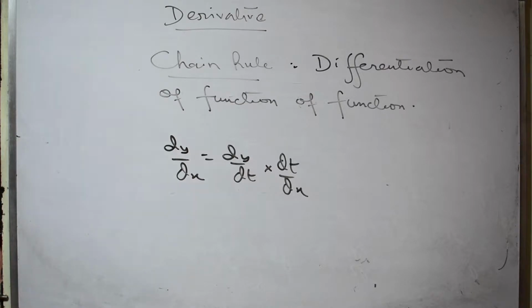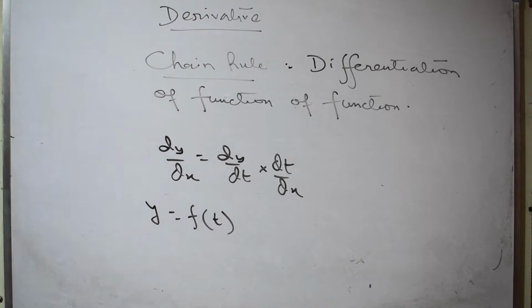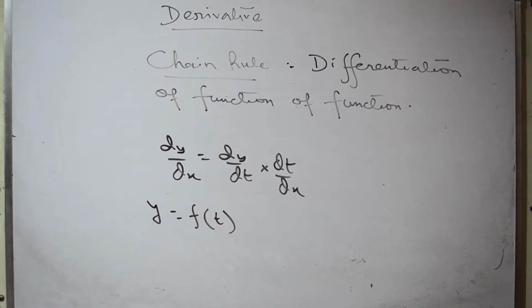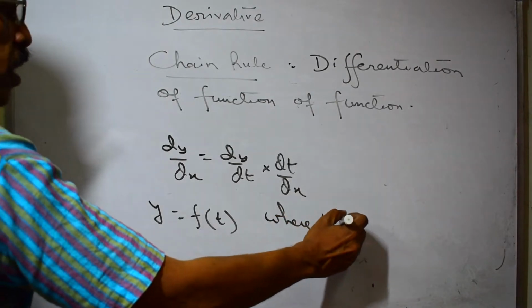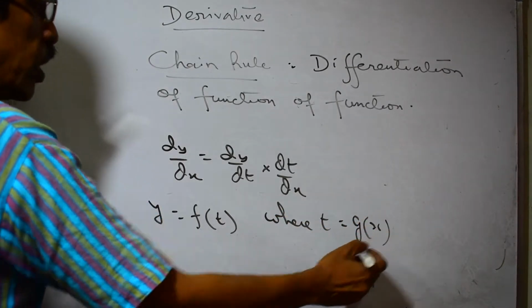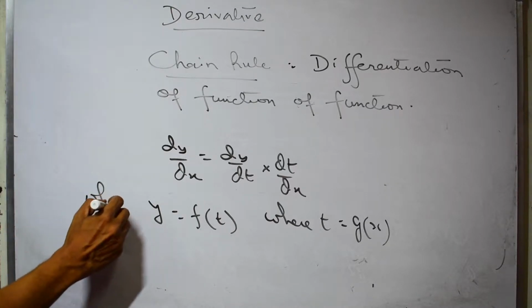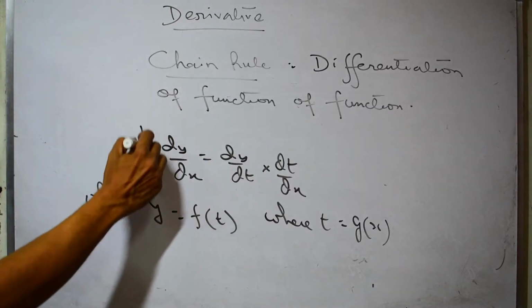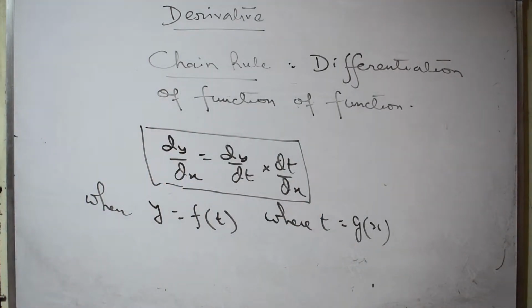When y is a function of a variable t, and here t is a function of x. What are we observing? We'll apply this chain rule principle in the case of function of function.